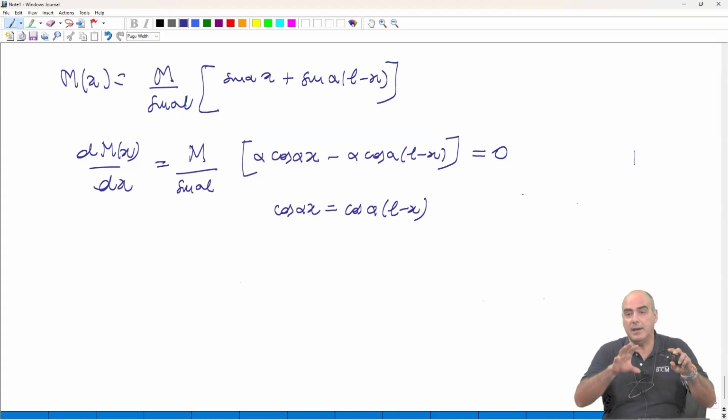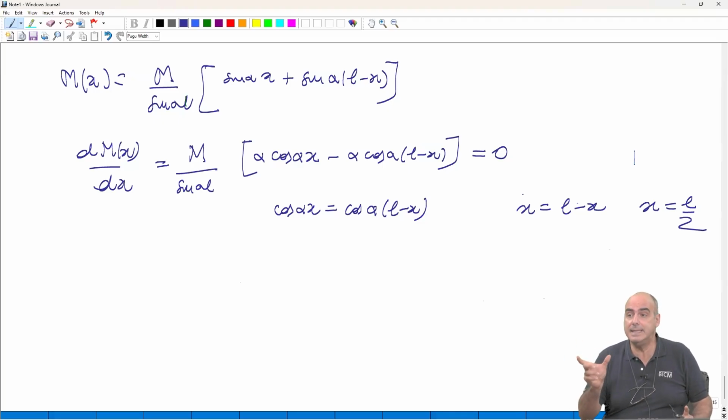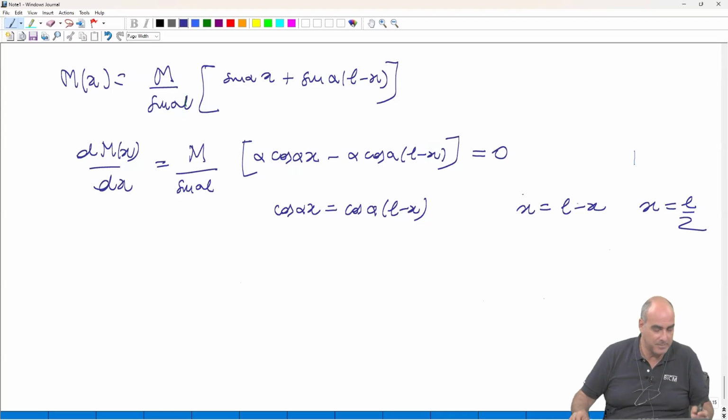Well, surely when they are equal, or equal plus the period, but we are not interested in it. So this is true when x is equal to L minus x, which means x equal to L over 2. So actually, a local maximum point does exist at midspan because of the symmetry.